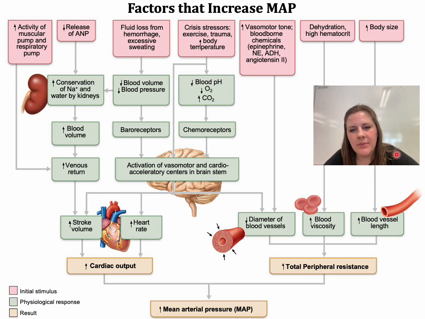So it can be hard to really take all these different things into consideration, but the reality is that all of these things really influence our blood pressure. So you want to spend some time with this, make sure you understand all these different scenarios and how each plays a role in affecting the blood pressure in the body.